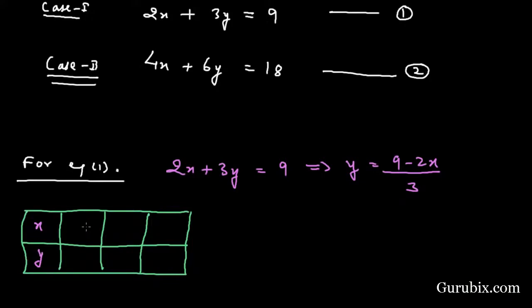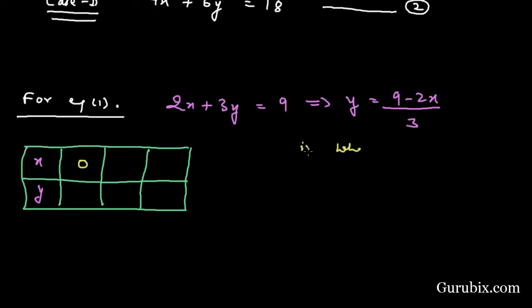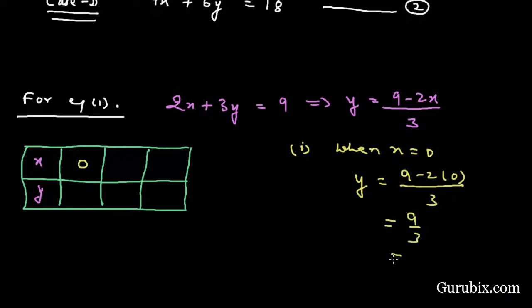So if we take x equals 0, then if we put 0 here, this is the first condition. When x equals 0, y will be equal to (9 minus 2 into 0) over 3, which is 9 over 3, which is 3. So if x equals 0, then y equals 3. This is one solution set.